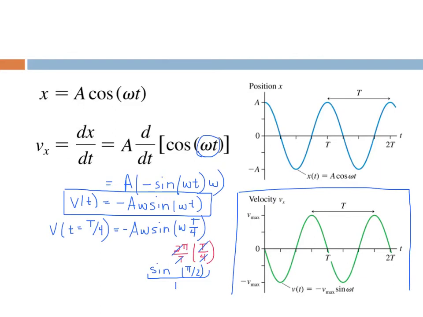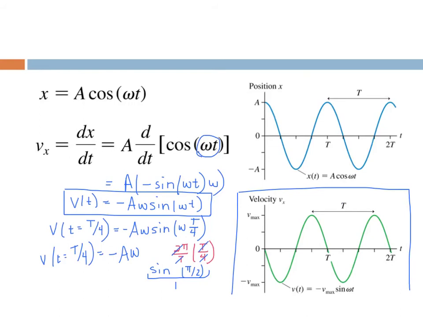So that means at time equal to period over 4, my velocity will be equal to negative a omega. So my velocity is negative at this point. And again, because velocity is a vector, if it's negative, that means it's moving to the left.